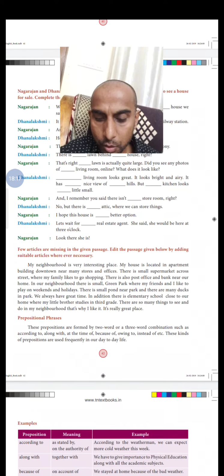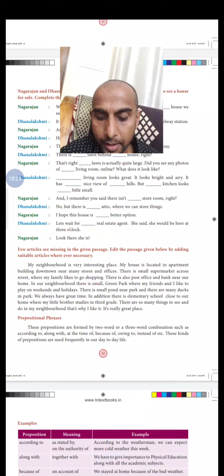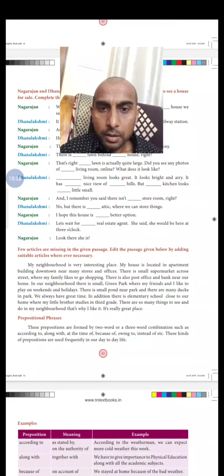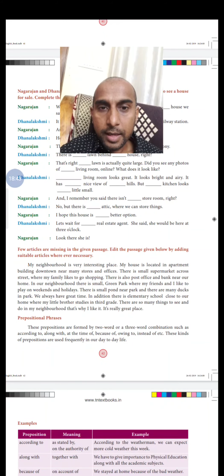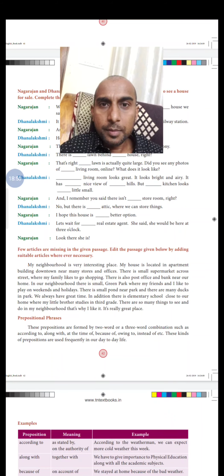In our neighborhood, there is a small green park where my friends and I like to play on weekends and holidays. There is a small pond near the park, and there are many ducks in the park. Because park, when it's coming for second time and third time, you'll use the.